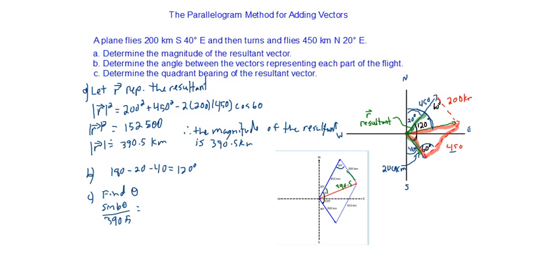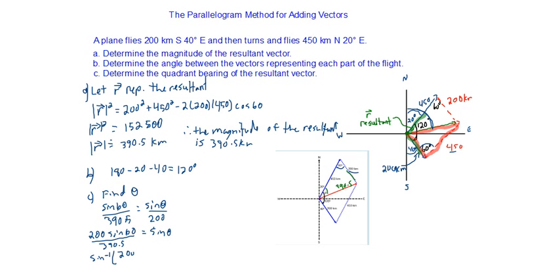That has to equal sine theta divided by the opposite side to that, which is this 200. I'm going to multiply both sides by 200. We'll do 200 sine 60 over 390.5 is equal to sine theta. And now we just need to do the inverse sine of both sides to figure out what the answer is.